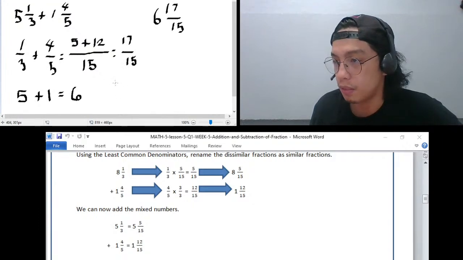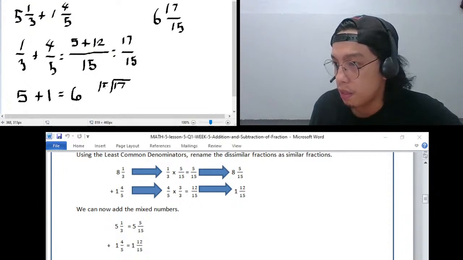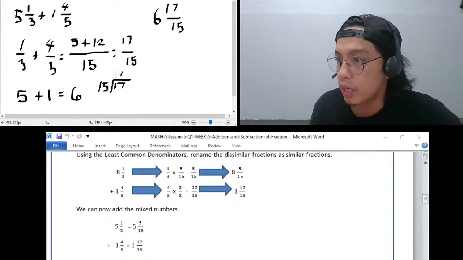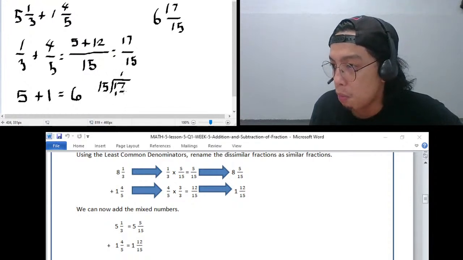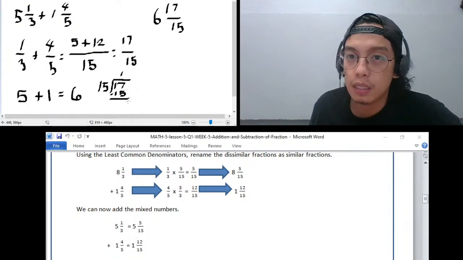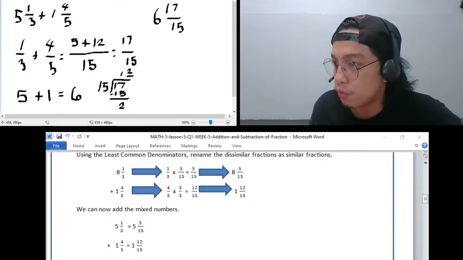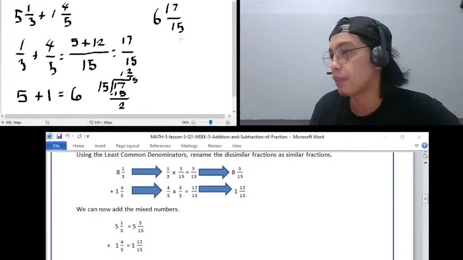Mixed form. So 17 divided by 15 is 1. 1 times 15 is 15. 17 minus 15 is 2. It's 1 and 2/15. So we add that.